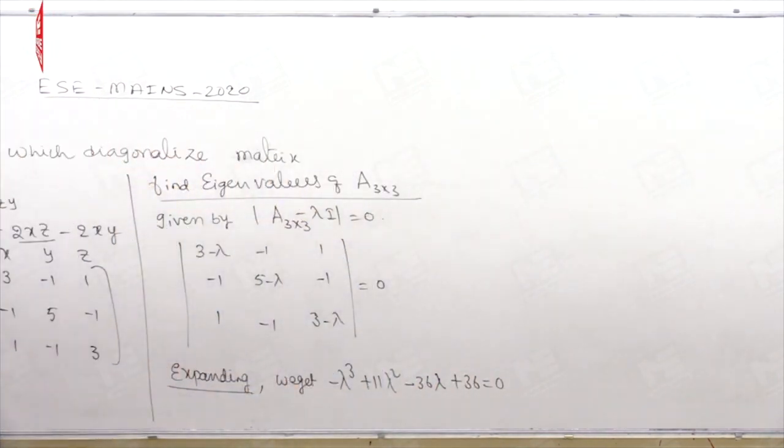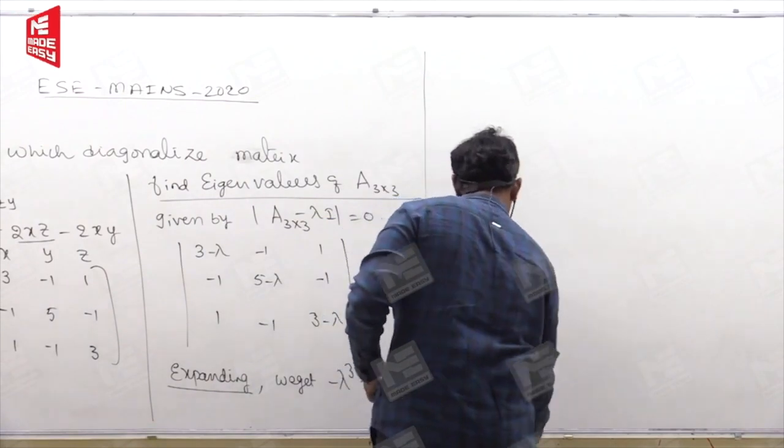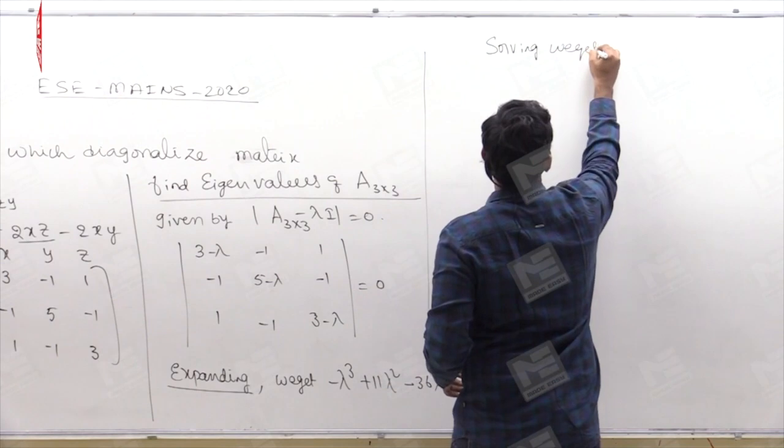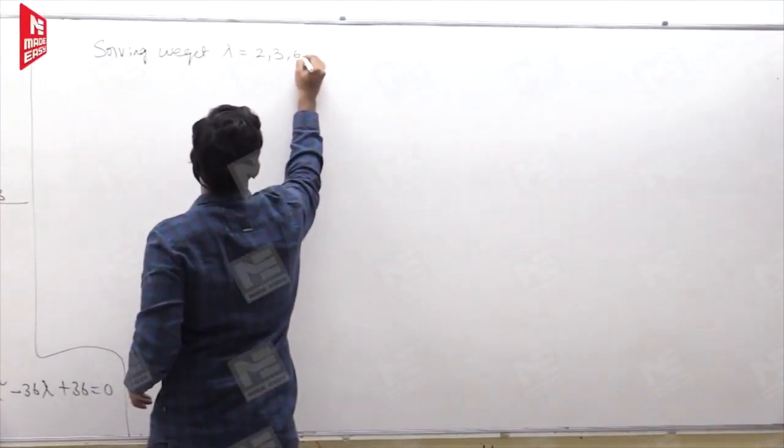This is the equation you get after expanding. Therefore, if you solve this cubic equation, we get lambda is equal to 2, 3, 6 here.